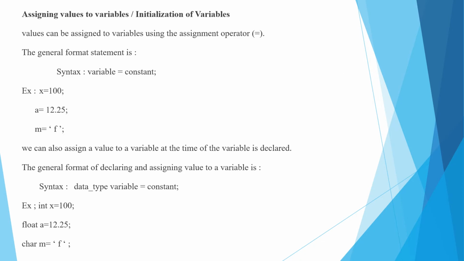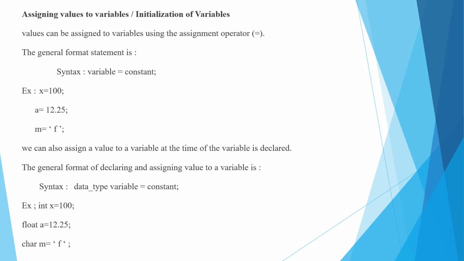Then we move to the next slide, assigning values to the variable or initialization of variables. What is initialization? Initialization is a process of assigning a value to the variable. Here the values can be assigned to a variable using the assignment operator.